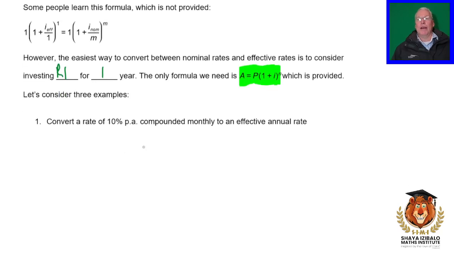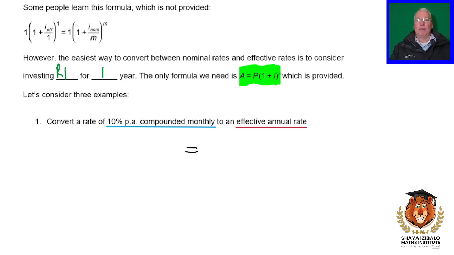So what I'm going to do here, I'm going to underline this in blue. 10% per annum compounded monthly. That's a nominal rate. And I'm going to underline this in red. That's our effective annual rate. And what we're going to do, we're going to make an equation. So equal sign.